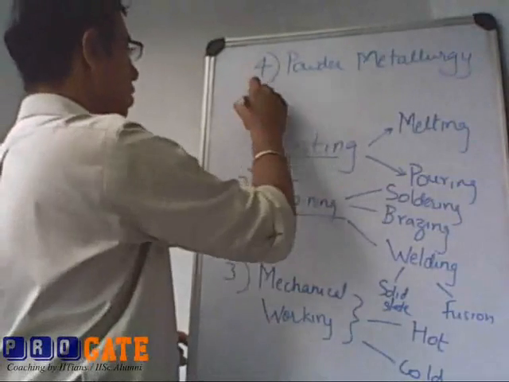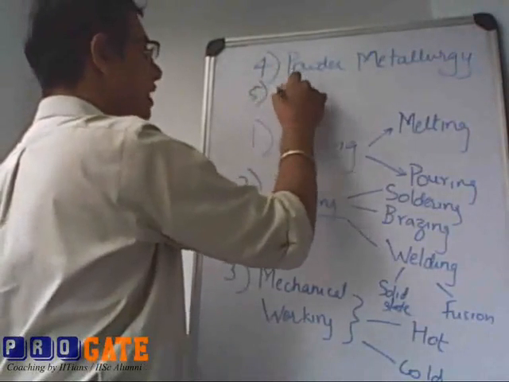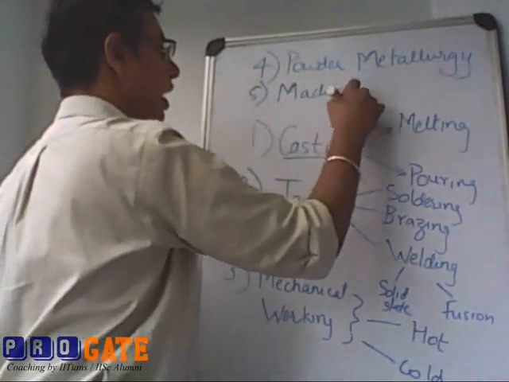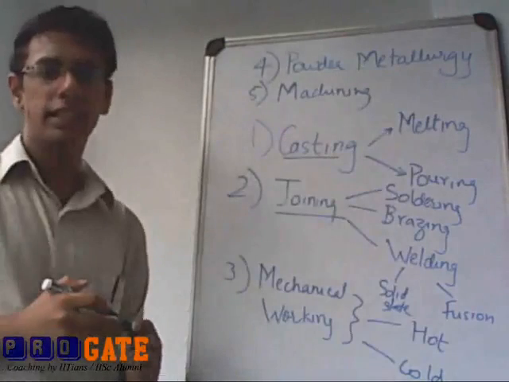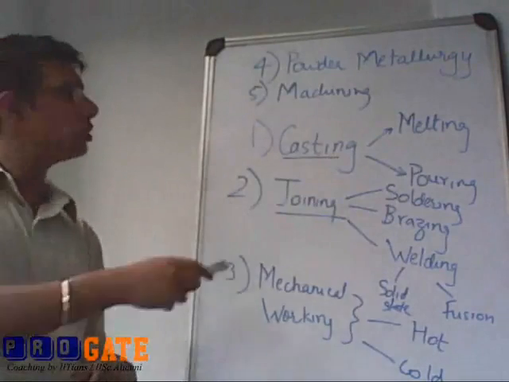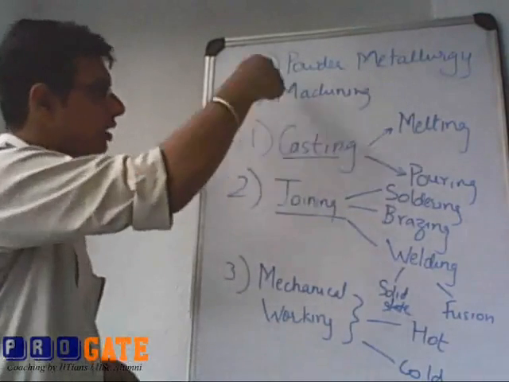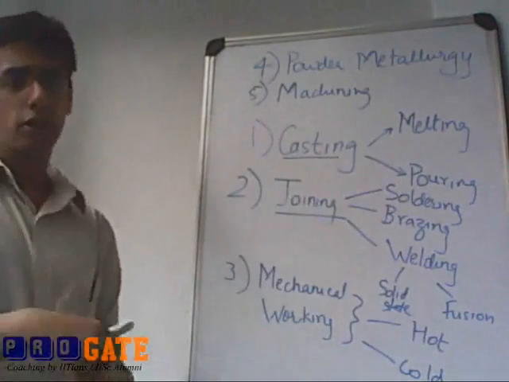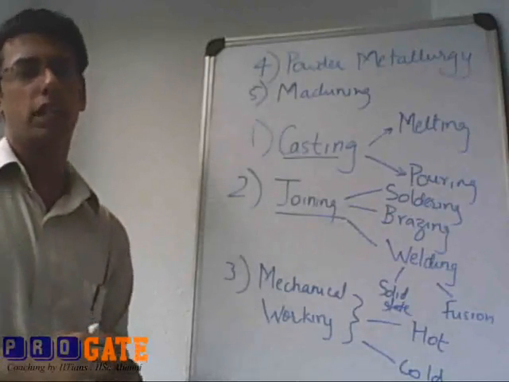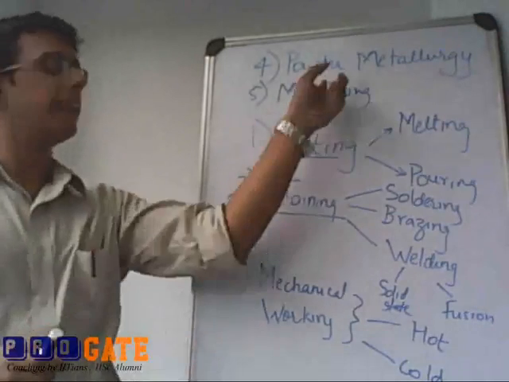Machining, as the name suggests, is nothing but using a machine to cut the parts that you manufacture using the other processes, or make parts using tools which will actually cut a block of metal or shape the block of metal directly in a machine.